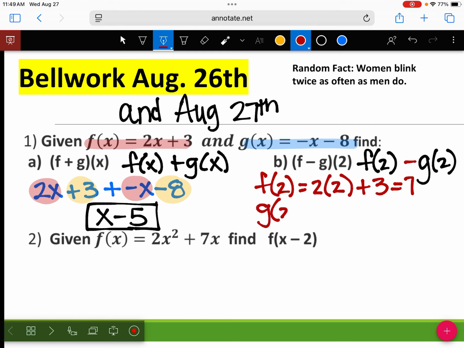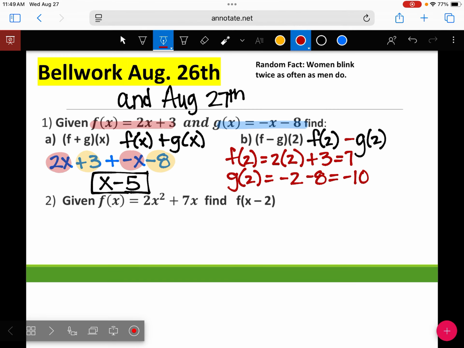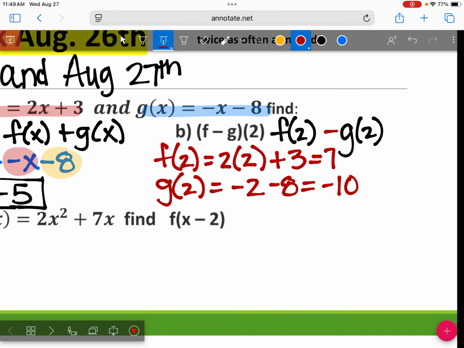G of 2 is negative 2 minus 8, which is negative 10. And when I subtract, I get 7 minus negative 10, which is 17.